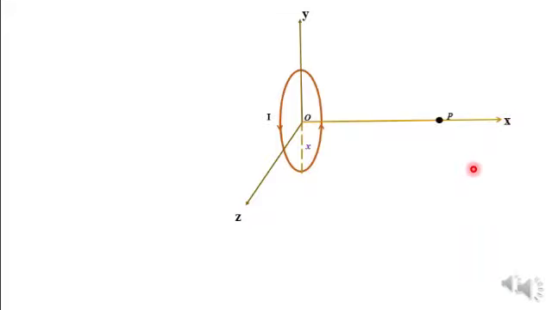Consider a point P on the axis of the loop at a distance a from the center of the loop. Let dl be the small current element of the circular loop. Let r be the distance from the current element to the point P. Then the angle between dl and r is phi.